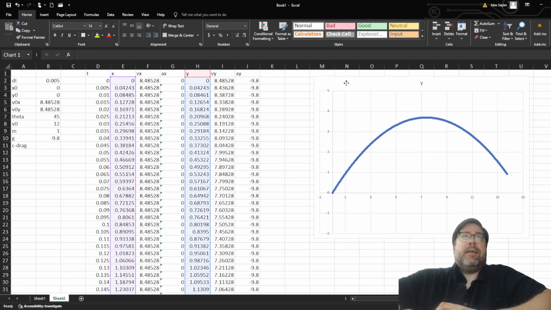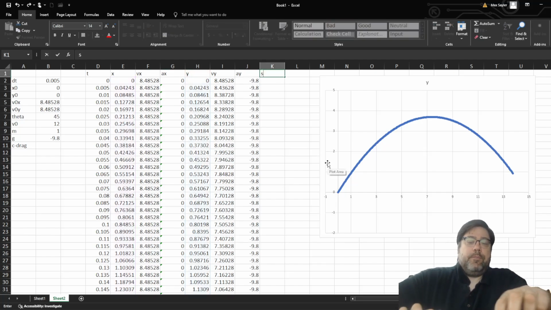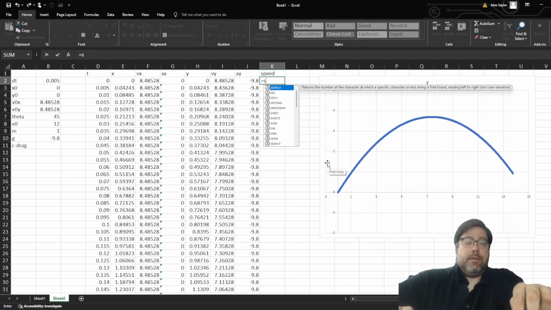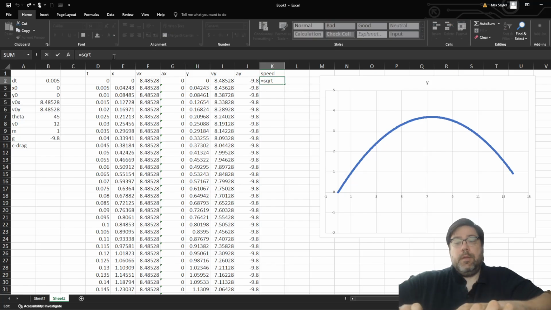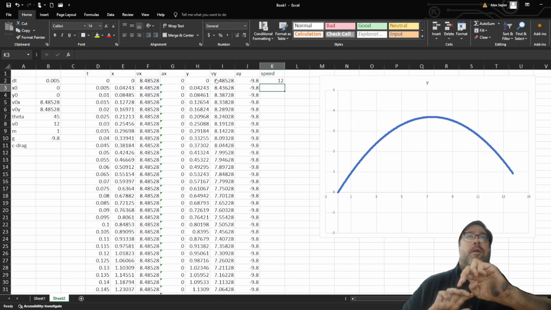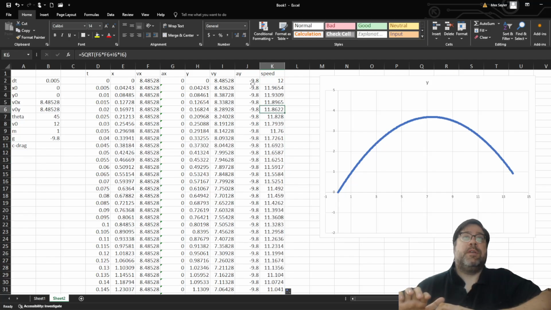To do the drag, let's go ahead and make another column for simplicity, which is going to be the speed, and this is the square root of Vx squared plus Vy squared. All right. So this is the speed, and so we have a new column that's called the speed.